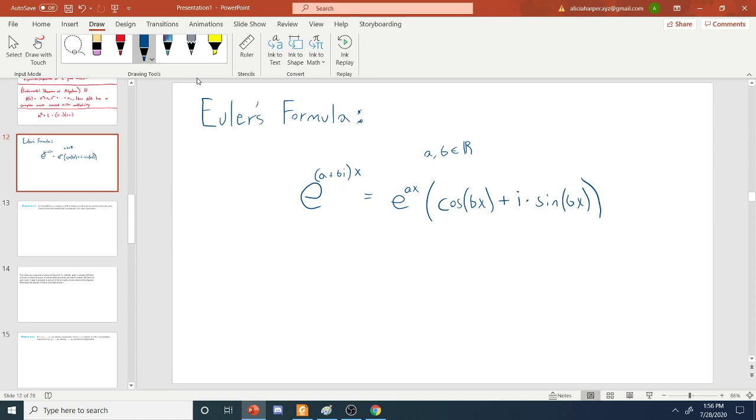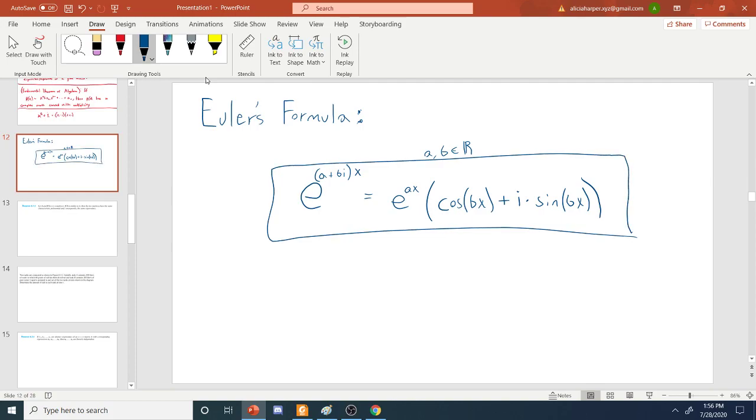So it's a very, very beautiful relation relating the exponential function to the cosine and sine function. And I'm going to show you soon why this formula is so important for very, very concrete reasons. But we'll get to that in time.